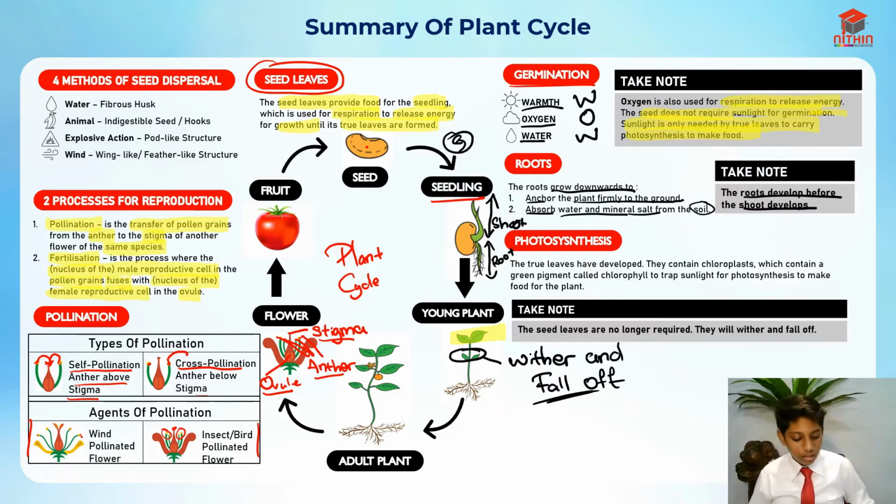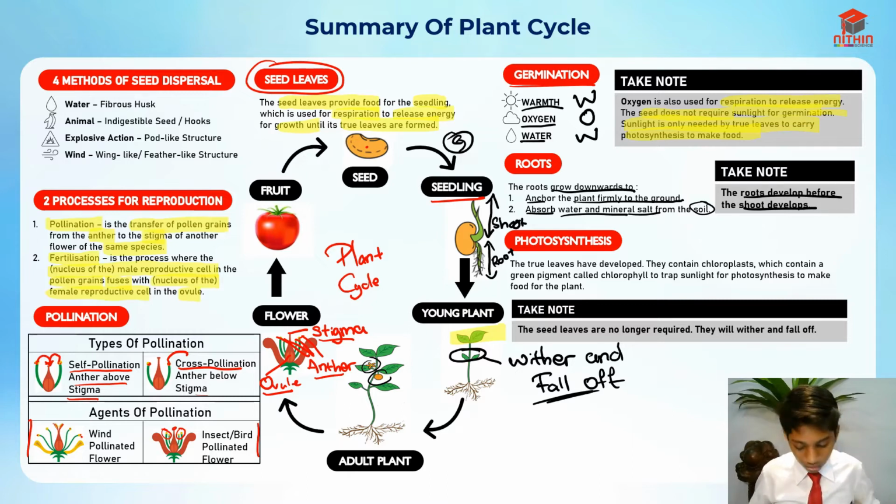Next, this is the adult plant. Okay, so the adult plant starts forming flowers, fruits, and it becomes bigger as well, and it has reached its final stage. So when it starts developing fruits, right? So then when it starts developing flowers and fruits, we can say it's an adult plant.